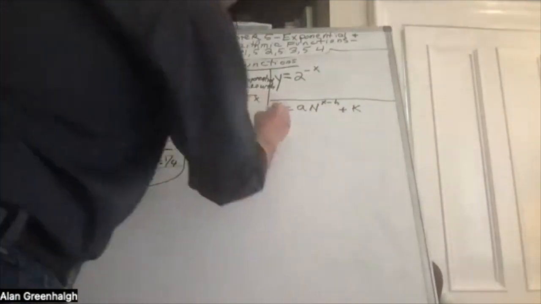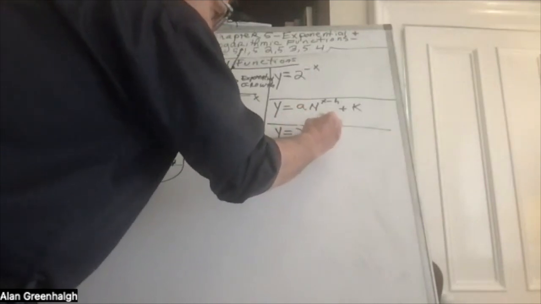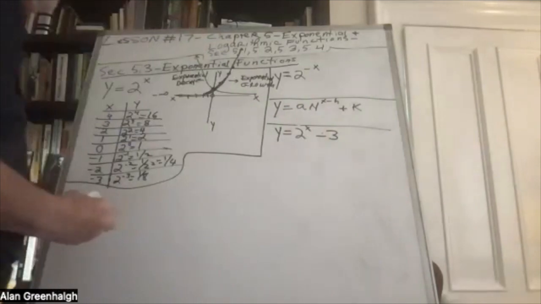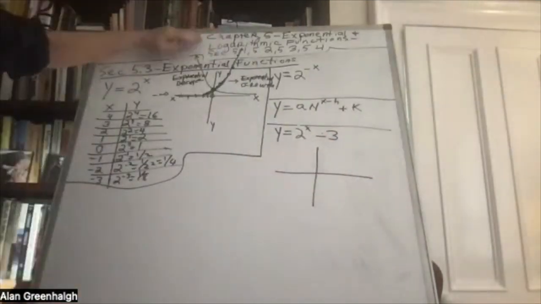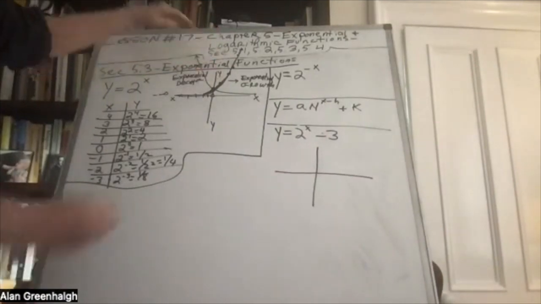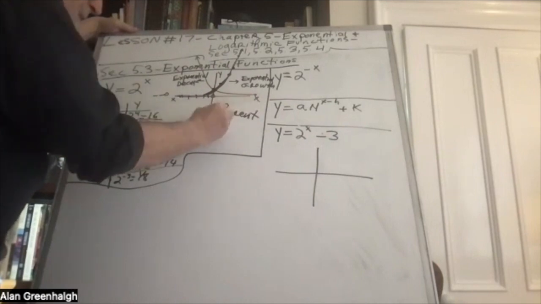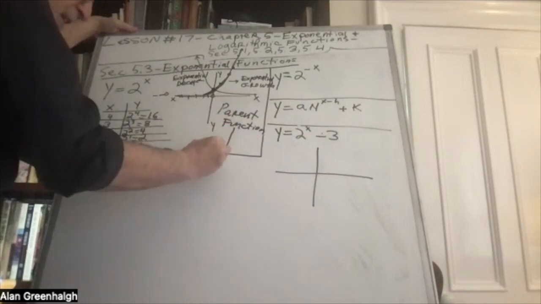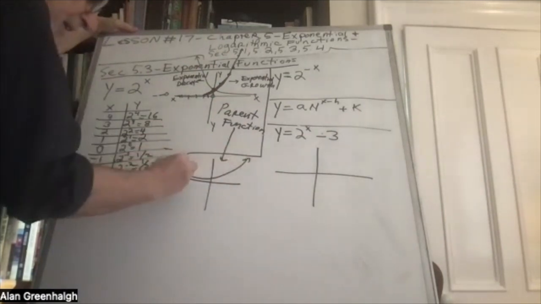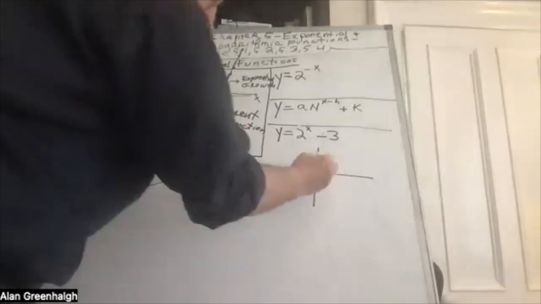Let's take an example: 2 to the x minus 3. Okay, so in other words, if we look at the original exponential graph as the parent function, or let me clean it up a little and just say that this is what the parent looks like, right? And it goes up more severely than that.